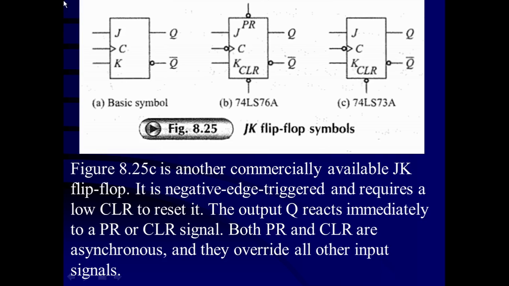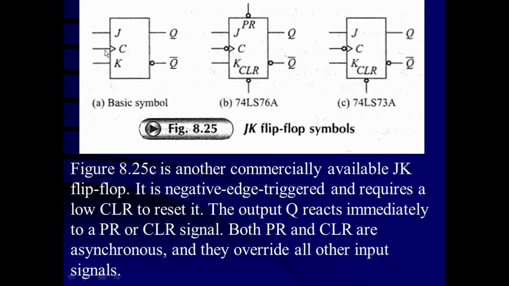So here there are symbols. You have to understand these symbols. There are 3 inputs and 2 outputs. That is the basic symbol of an edge triggered JK flip-flop. Now in this one, see how the clock is shown with a line and a small triangle inside. This is called a dynamic indicator.